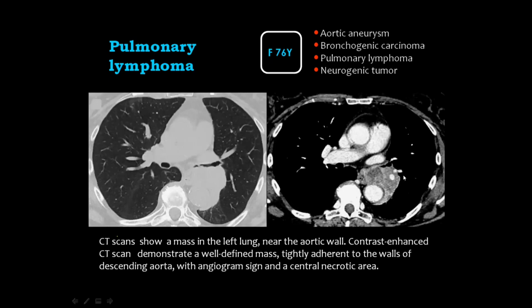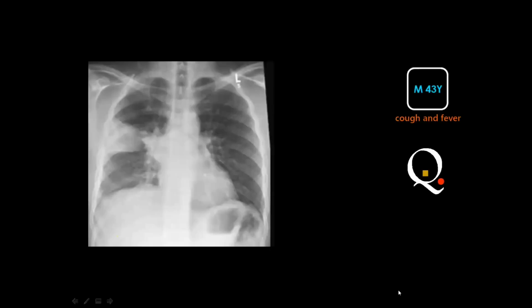And the 2 most likely possibilities are the bronchogenic carcinoma and lymphoma. Bronchogenic carcinoma invades the mediastinum, but lymphoma encases the vessels, and you can see some very smooth encasement of the descending aorta.